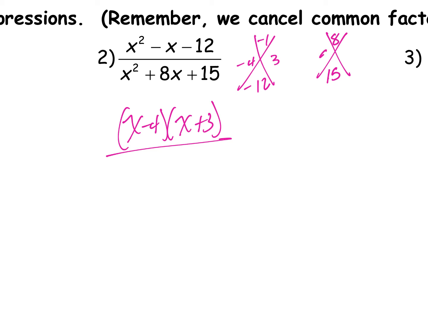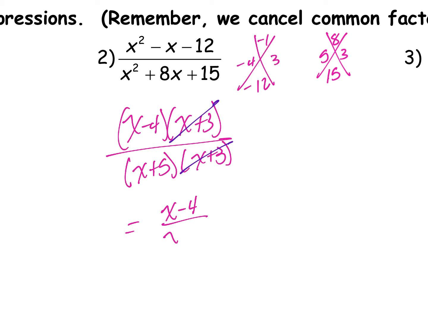I'm pretty sure that's 5 and 3. So x plus 5 and x plus 3. My common factors are the x plus 3s, so I get left with x minus 4 over x plus 5. And I'm done. Any questions? Zoomers, are we okay?